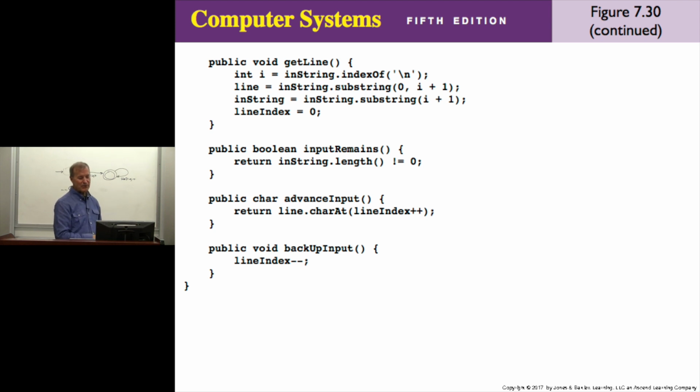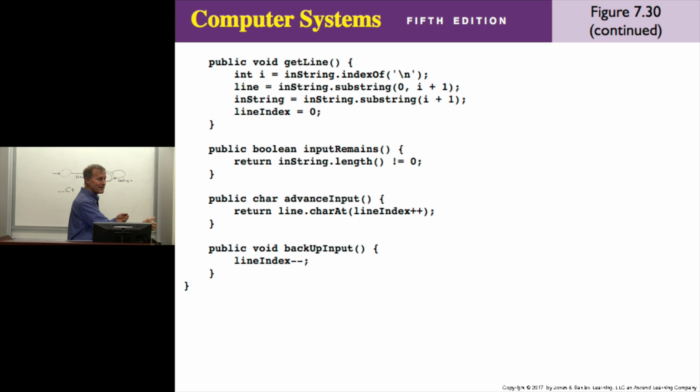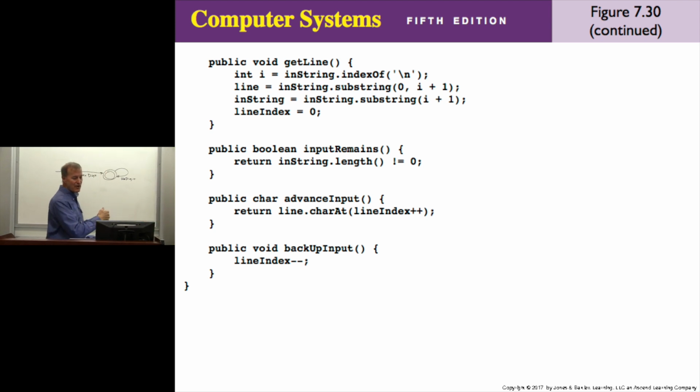And that's what i is. And now what do you suppose this is? Line gets what? In string dot what? The substring from where? From 0 to the new line plus 1. So what does it get? So now what does line have? All the content of the what? Of the first line in where? In string. Are you with me?